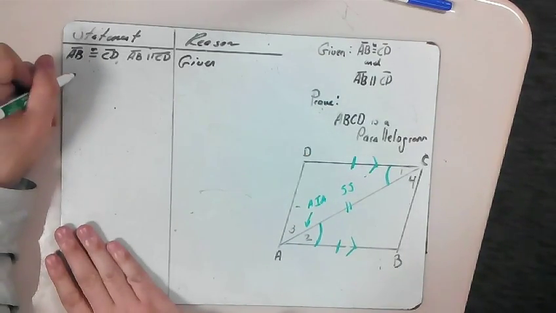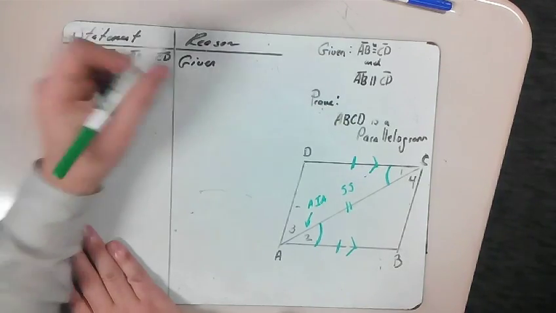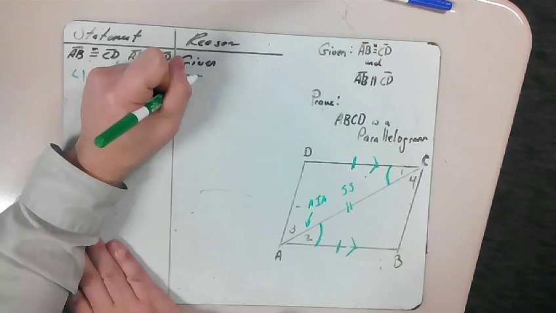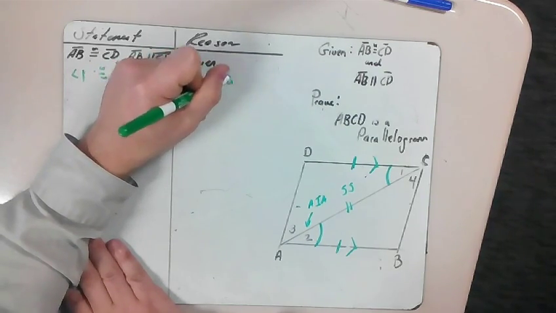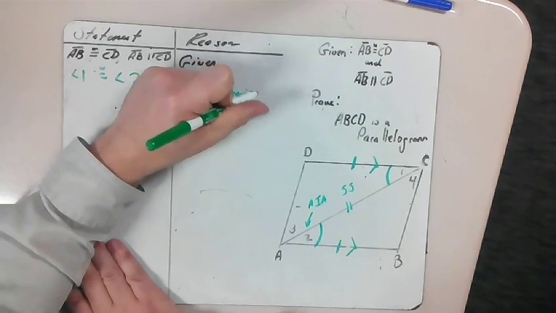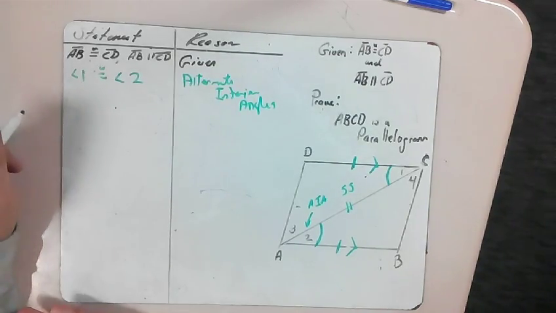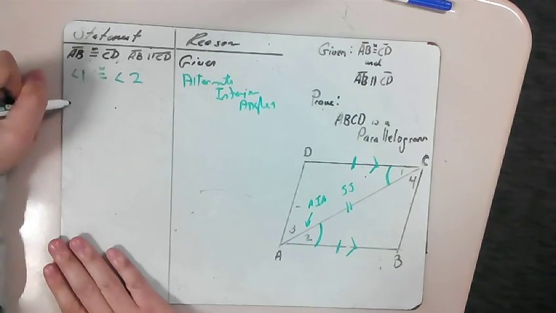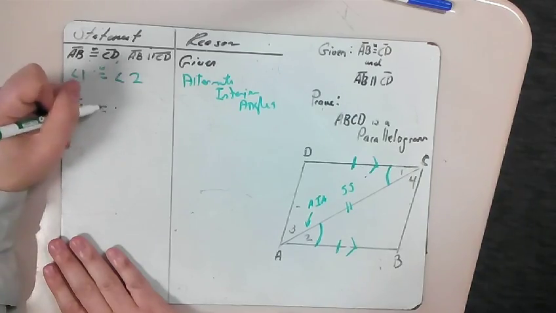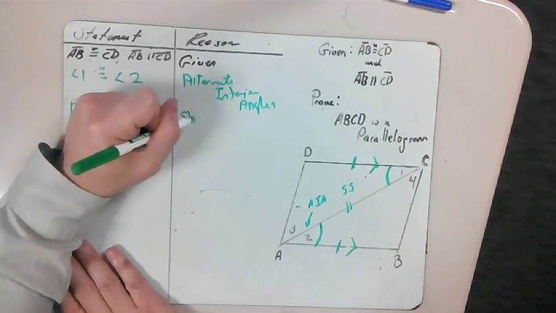I have angle 1 is congruent to angle 2 because they're alternate interior angles. I'll write it out: alternate interior angles. Now, I have the shared side there, so AC is congruent to AC, and that's because it's a shared side.